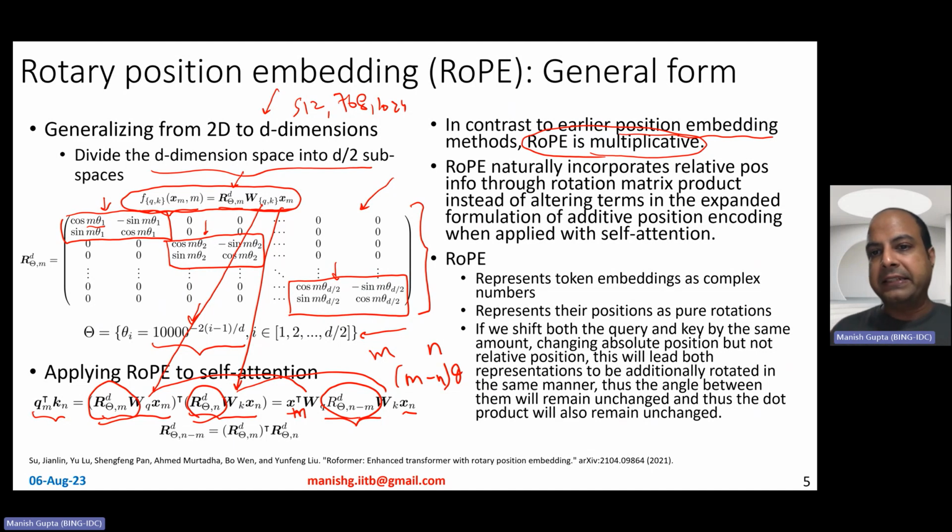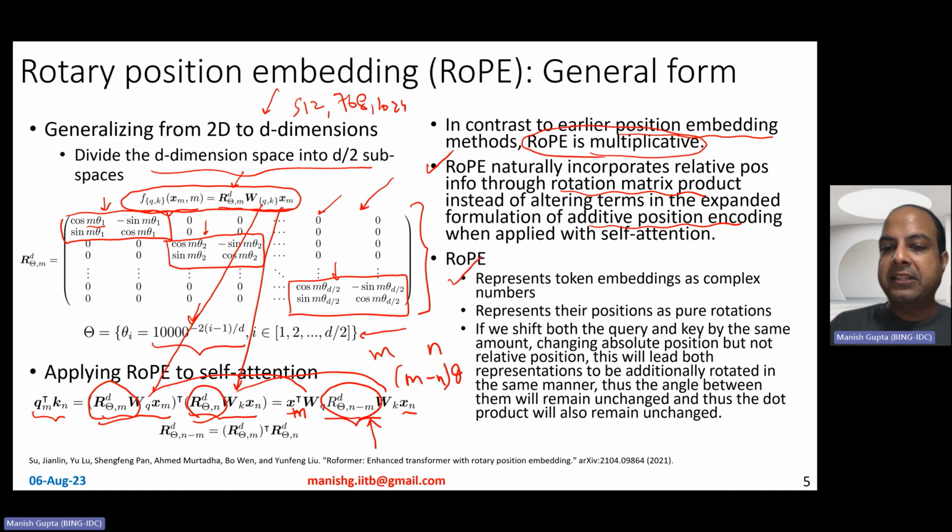But this one is multiplicative, and it naturally incorporates relative position embedding through the rotation matrix product instead of altering terms in the additive position encoding way. So it has your absolute position encodings done in the rotary matrix, while the relative position embeddings are done through the dot product. It exploits the dot product part of the self-attention mechanism.